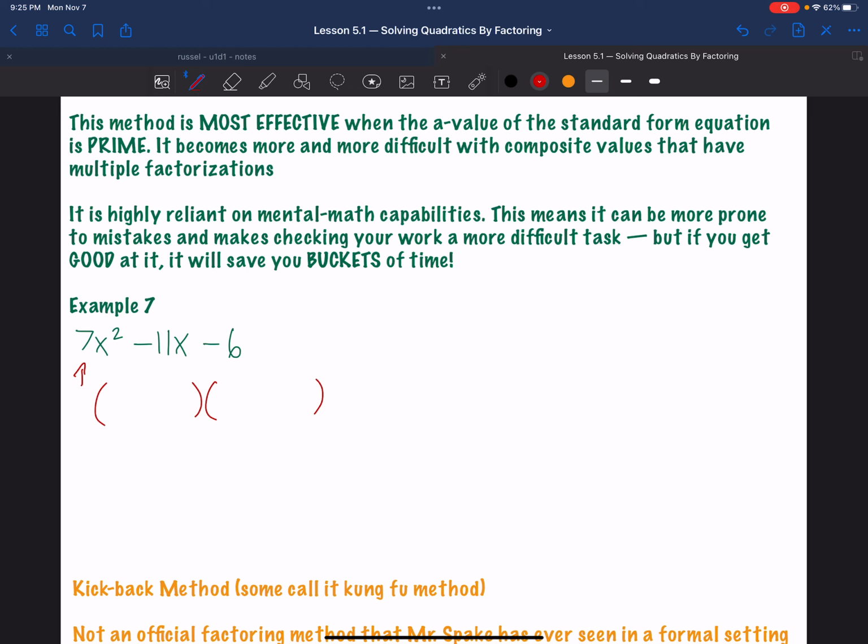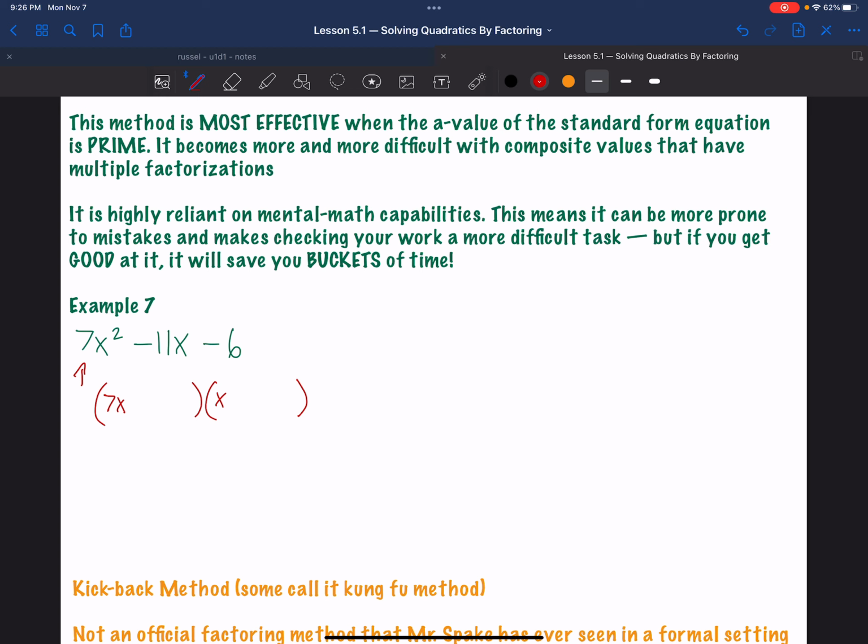Now, to get 7x squared, only 7 and 1 multiply to get 7. So using the fact that it's prime, I know that 7x times x gets me 7x squared. This is highly useful because I've already got half of it down.